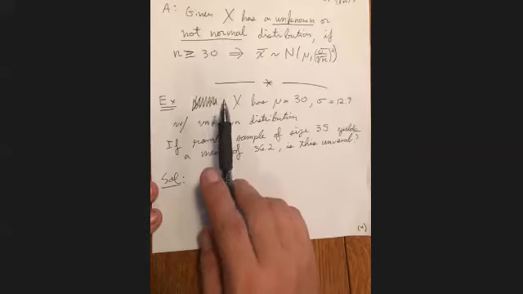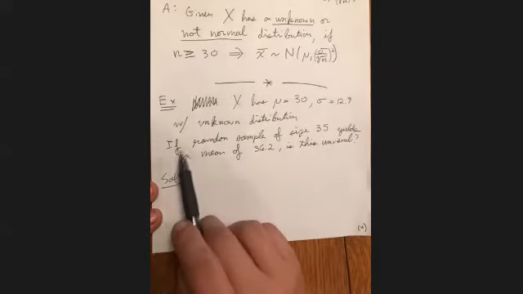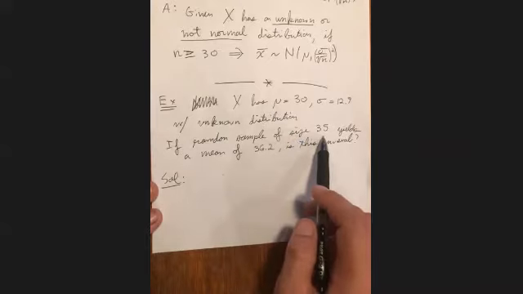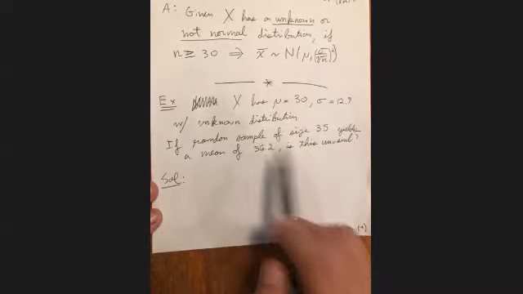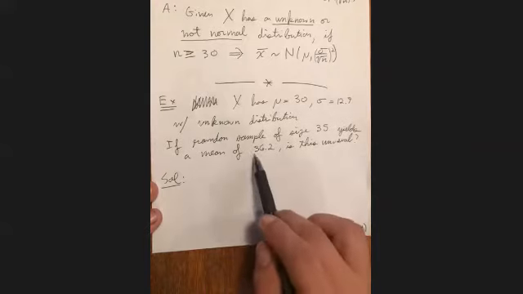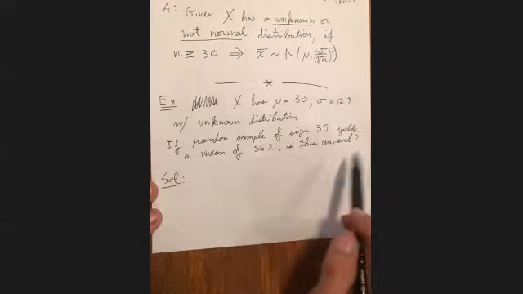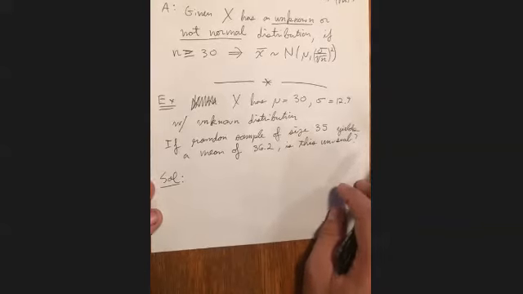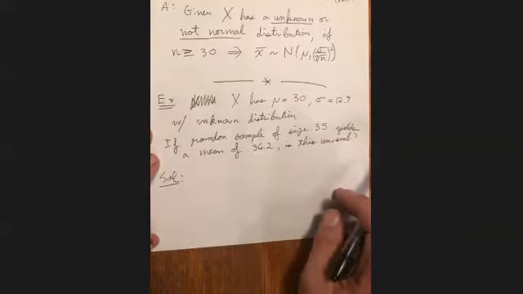So here's the question. Assuming we know that mean, assuming we know that standard deviation, if we take a random sample with a sample size of 35, and that sample yields a sample mean of 36.2, then is this mean that was computed for that particular sample unusual? Okay, so let's see what the likelihood is that we would get this sort of mean.